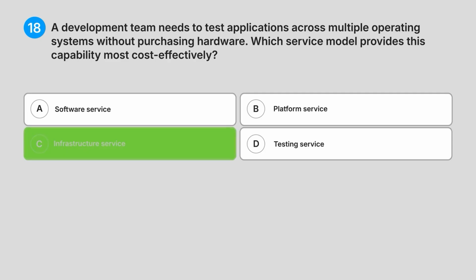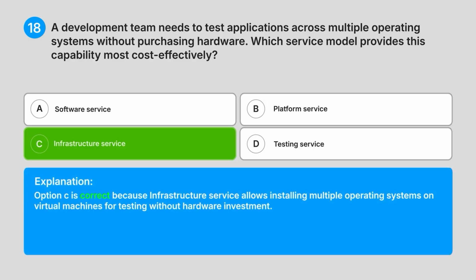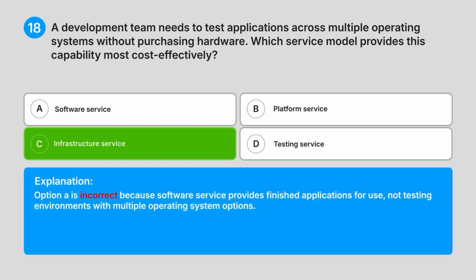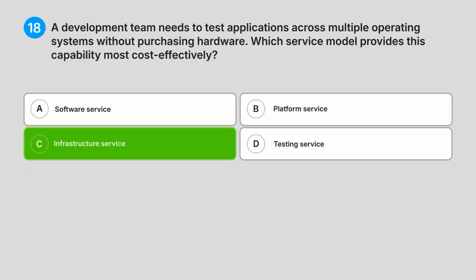Correct answer, C. Infrastructure service. Explanation: Option C is correct because infrastructure service allows installing multiple operating systems on virtual machines for testing without hardware investment. Option A is incorrect because software service provides finished applications for use, not testing environments with multiple operating system options.